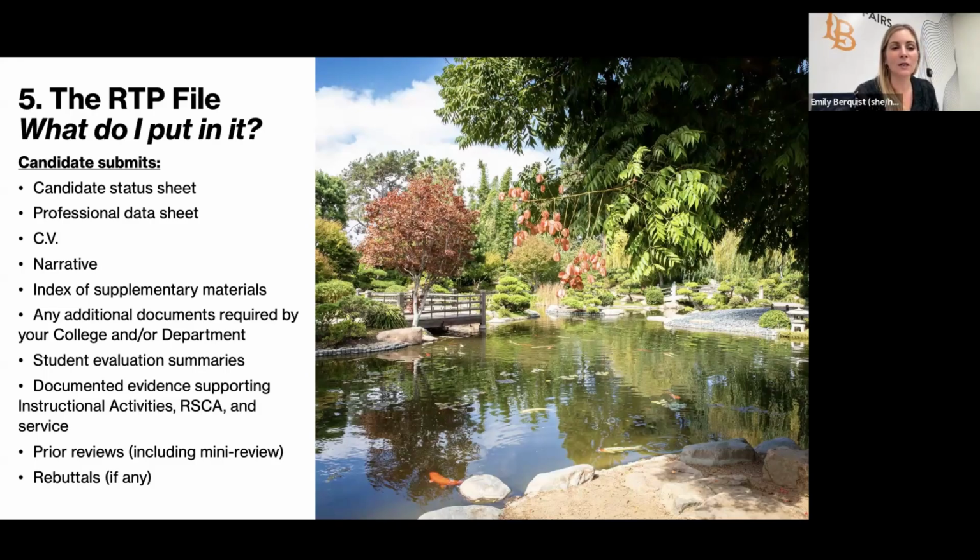You will have, of course, documented evidence supporting your 3 areas of evaluation: instruction and instructionally related activities, your RISCA or your research, scholarly, and creative activity, and your service. You'll also have in your RTP file any prior reviews and any rebuttals.